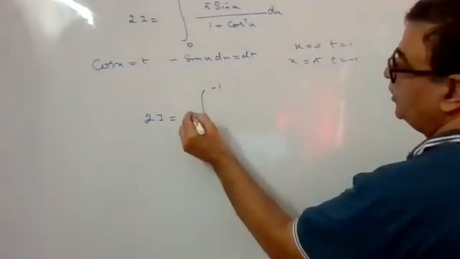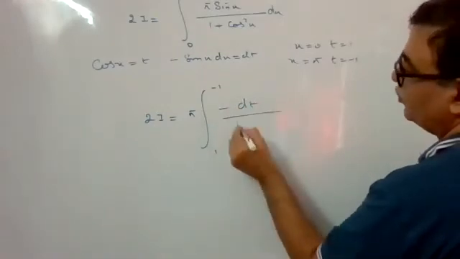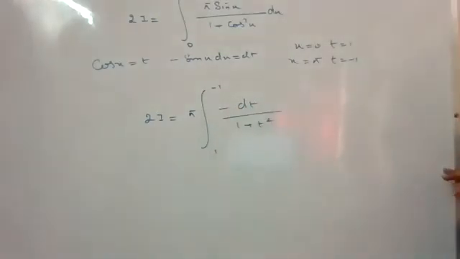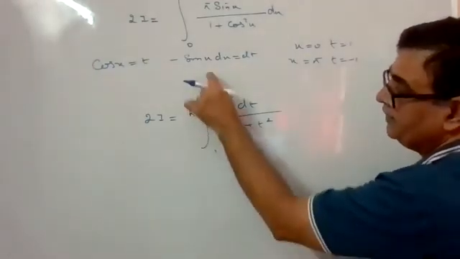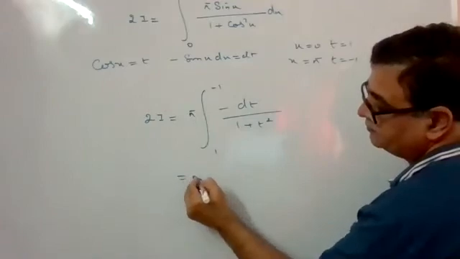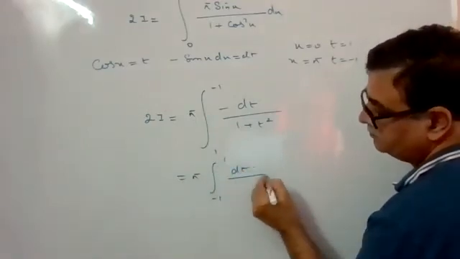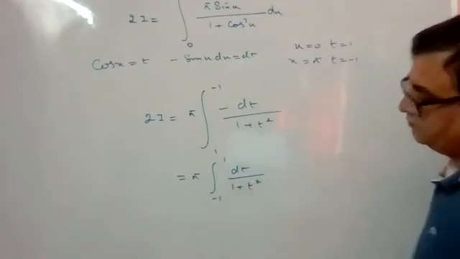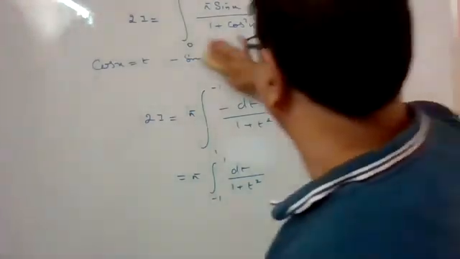Pi remains outside. This will come minus of dt by 1 plus t square. This minus, if I remove, it will interchange the limits, which will become tan inverse t.